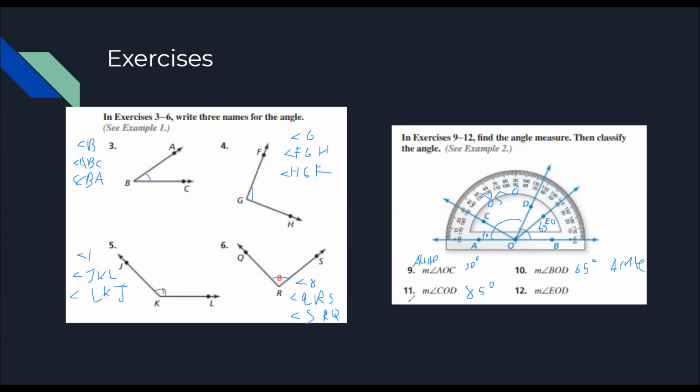And that's still acute. And then angle EOD, so right here, that's 25 degrees because it's between 115 and 140. And that's still acute.